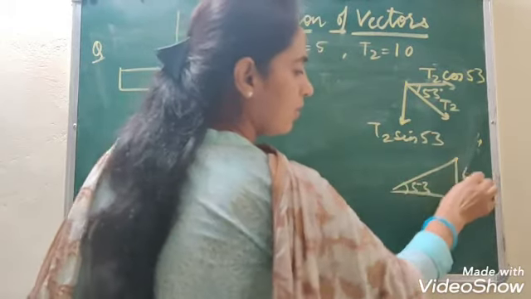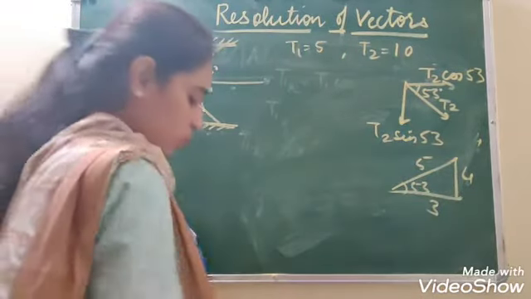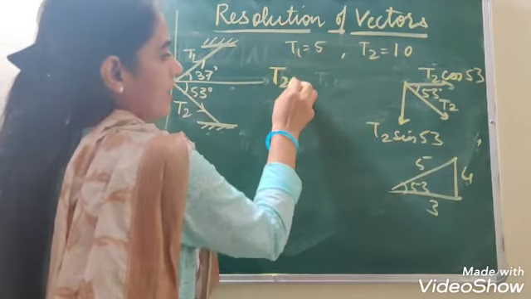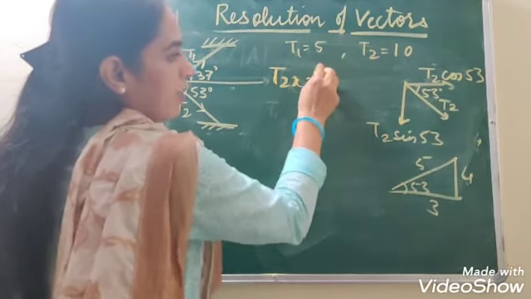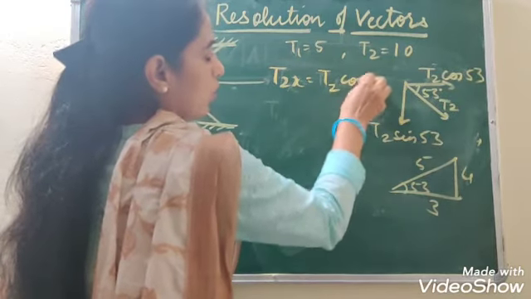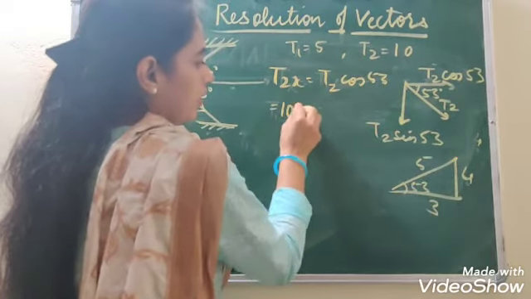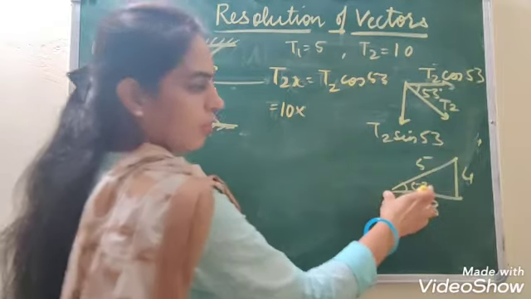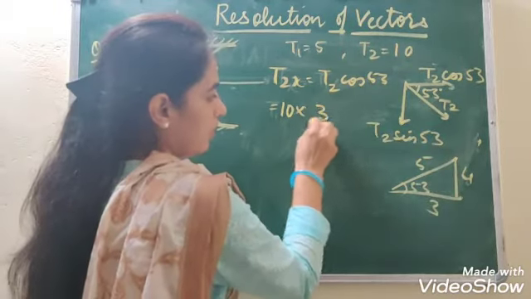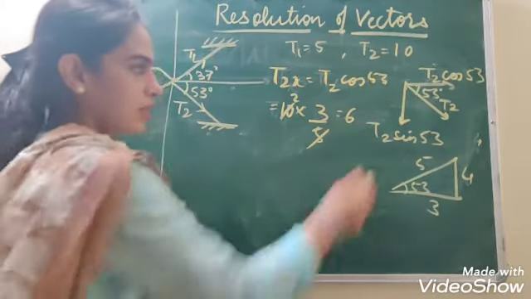This is 53, this will be 4, this will be 3, this will be 5. So T2 in the x direction is T2 cos 53. T2 is 10. Cos 53 is 3 by 5. So 5 2s are 10, and this is 3 2s are 6.